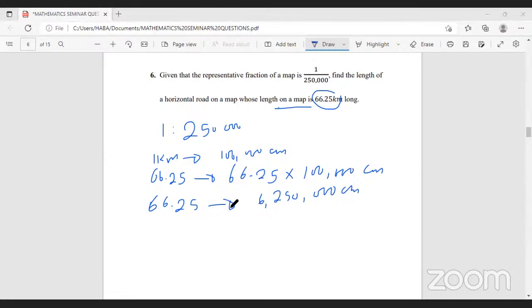So to find the length of the horizontal road on a map, is it, teacher? We have a 6 here. A 6 is missing. 6,625,000.